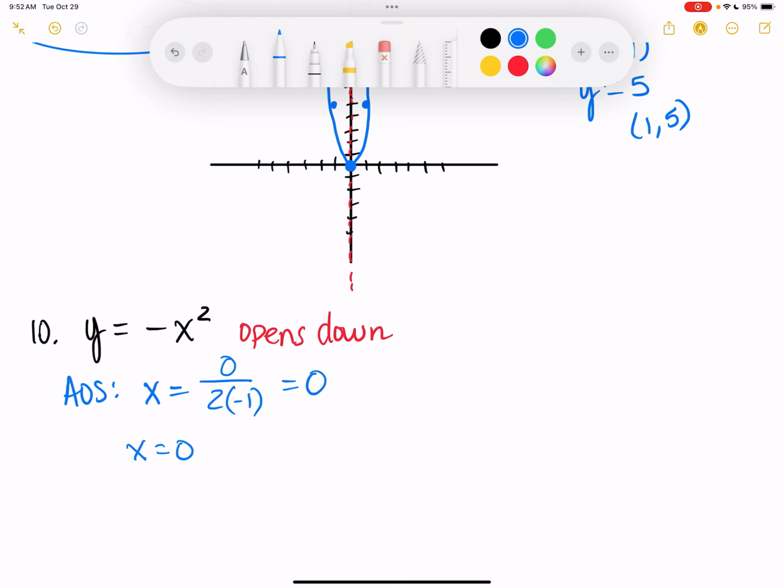So x equals 0. Vertex is where? It's going to start at 0, and you plug that in. What happens when I put in 0? It's going to be 0, 0. So if the only term that you have is the squared term and nothing else, the vertex is always going to be at 0, 0. You don't need to show anything for that.